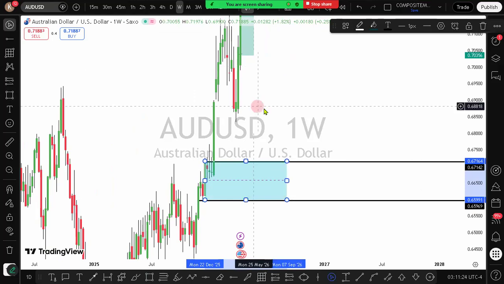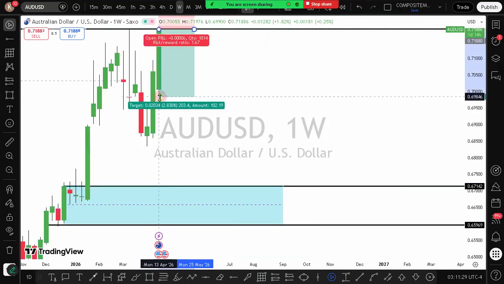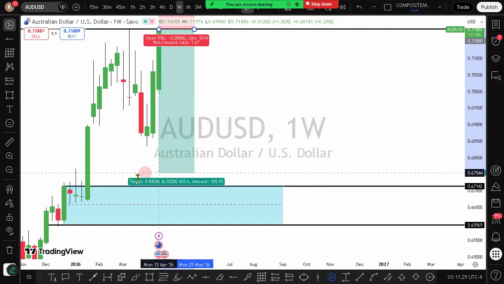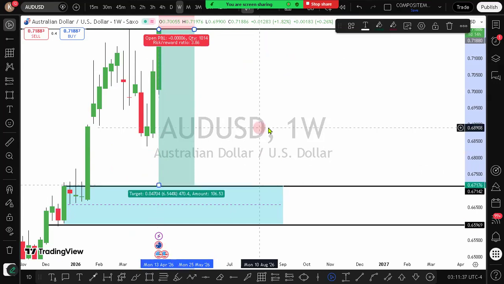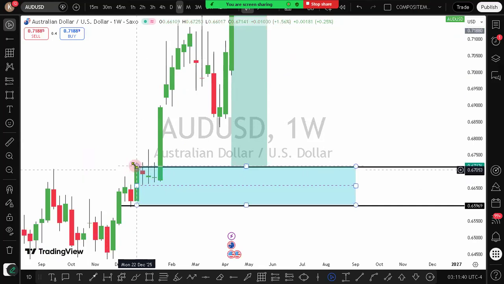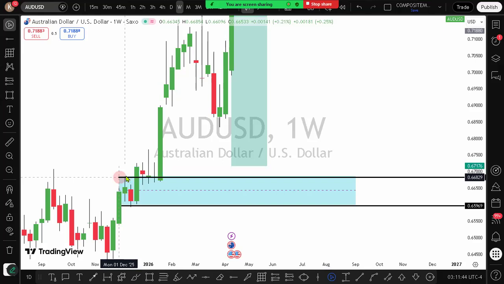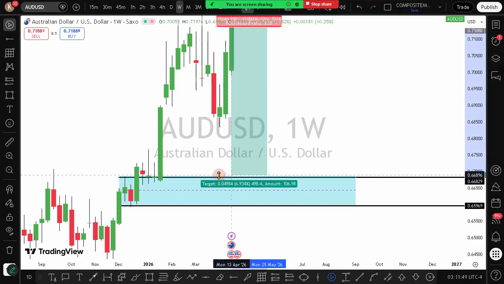I like to target at least 3R, but if we come all the way to this area, we get almost 4R. So we don't know, let's target here, because this rally is a reaction of this. So stop, target goes down there, and that is 4R.